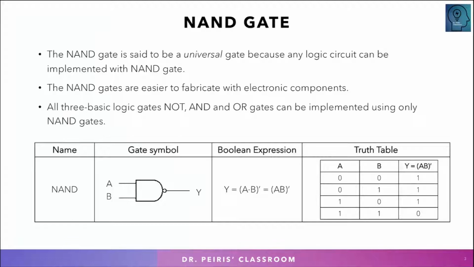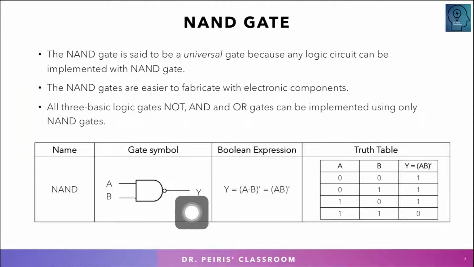Now let's see what the NAND gate is. Here is the gate symbol. Basically an AND gate is followed by an inversion. The bubble basically tells inversion. These are called compensating bubbles, or just bubbles. So the AND is followed by the bubble, which means AND followed by a NOT. The output expression is written as AB, which corresponds to AND.